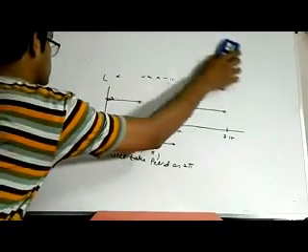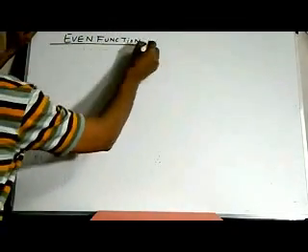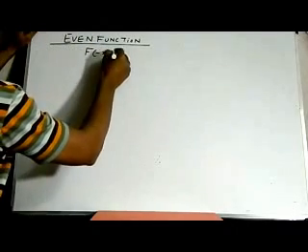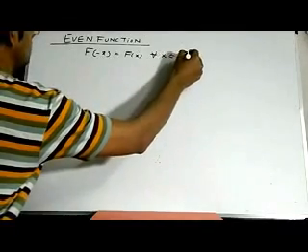Now the second concept of the Fourier series is the even and odd function. Even function. By definition, the function is even if f of minus x is f(x) for every x belongs to the domain.